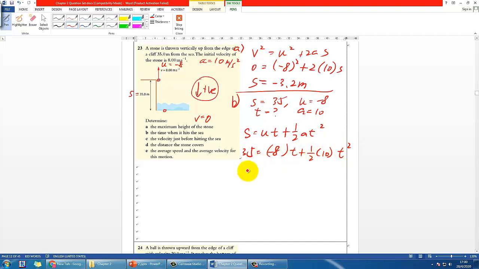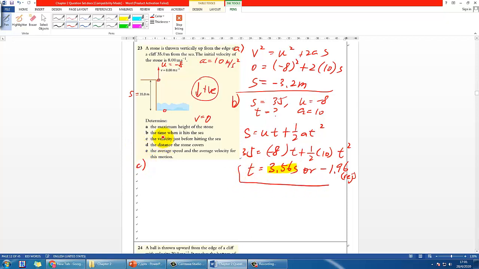Using the quadratic equation program in your calculator, a is 5, b is -8, c is -35. You should find the answer to be 3.56, or apparently usually a negative number, -1.96, and then you will reject that answer. So you only have the positive 3.56 seconds as the final answer. That is for part B.